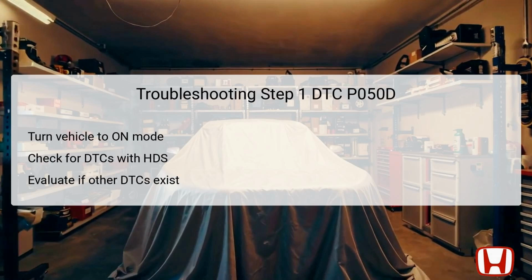The initial step in troubleshooting DTC P050D involves turning the vehicle to the on mode, activating the ignition without starting the engine. This step is crucial for allowing the Honda Diagnostic System, HDS, to perform a status check on the vehicle's onboard diagnostic system.